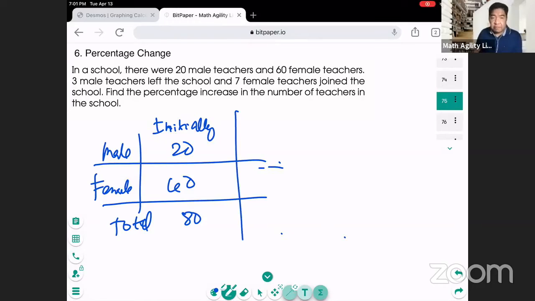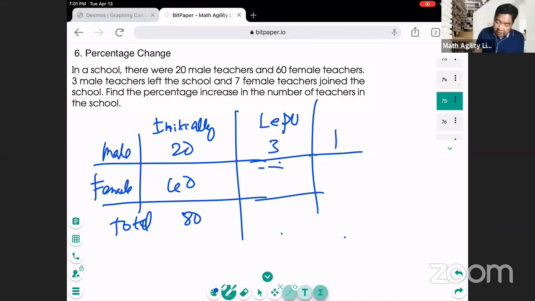Okay, the second part of the sentence says 3 male teachers left, so we subtract. This would become 17, right? And it says 7 female teachers joined, so instead of left, we add 7. So this becomes 67, right?